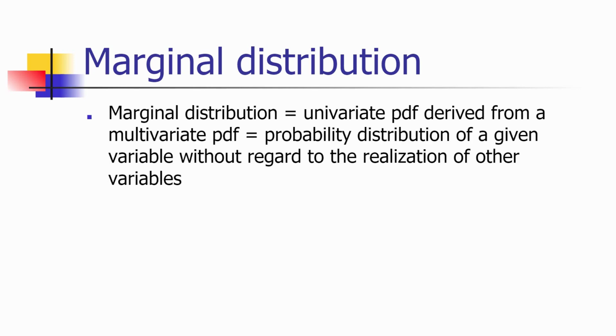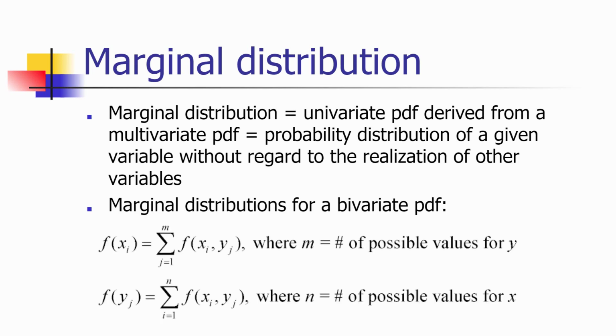So it's a univariate probability density function derived from that multivariate distribution. If we want to find the marginal distribution for the random variable x, we just take the sum of all the joint probabilities over all the possible values of y.